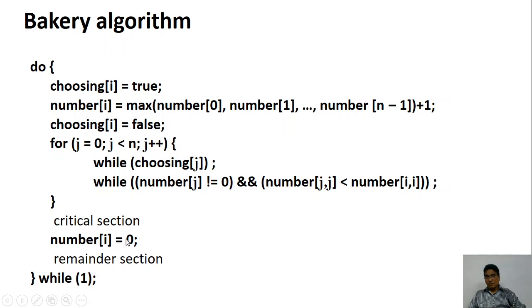Once you have completed your critical section, what will happen? You take the token, you get the bread. Immediately they will tear the token. Otherwise you will come back with the same token. Yes or no? So what is the meaning of saying they will tear the token? They will reinitialize it to 0. 0 means you don't have the token. So that's it. And then you go to the remainder section.